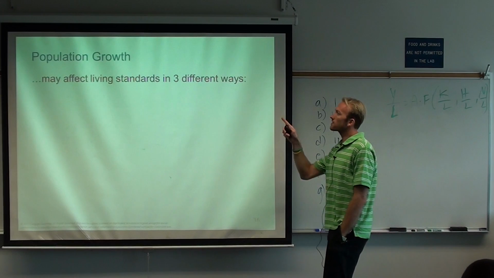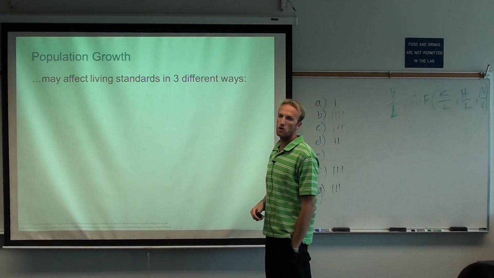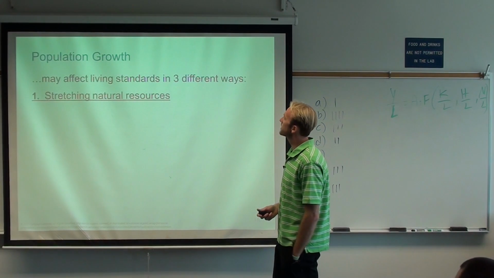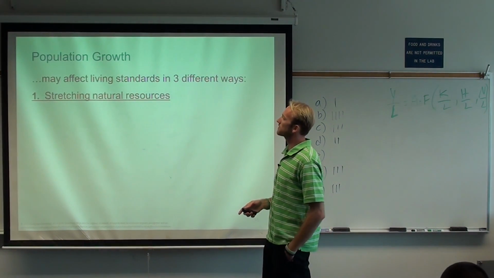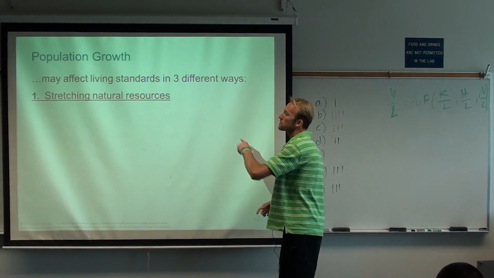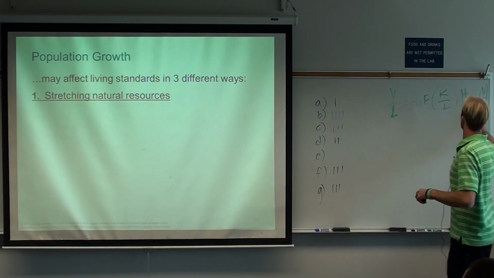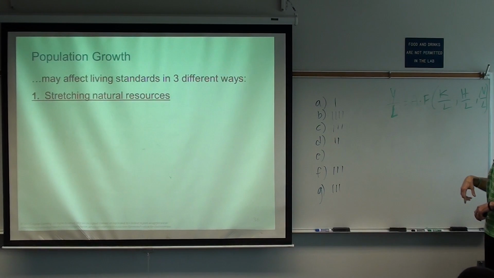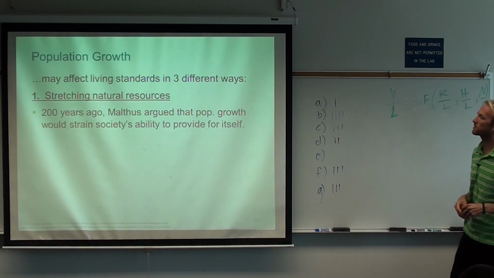So there are 3 different ways, or maybe more, but at least 3 different ways I can think of that population growth can affect living standards. So the first is stretching natural resources, right? Natural resources, this number is generally a fixed number, right? As I have more laborers, more workers, this input starts to go down. Each person has a smaller share of natural resources, right?